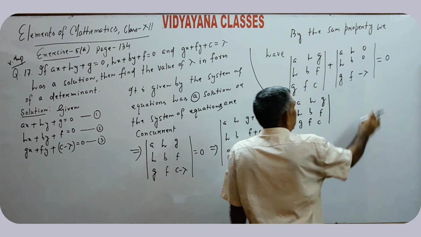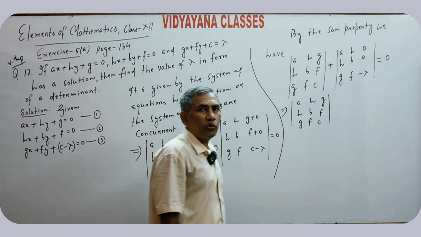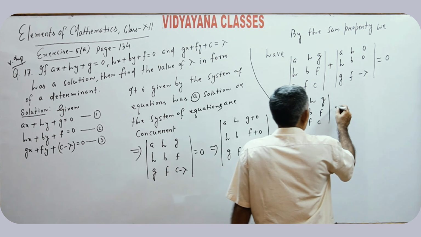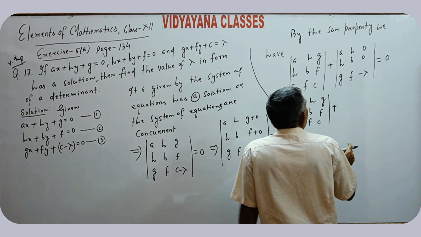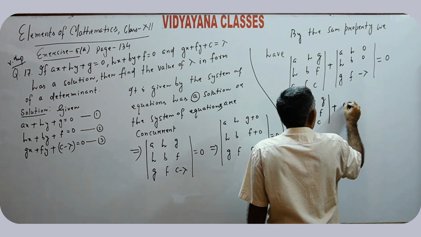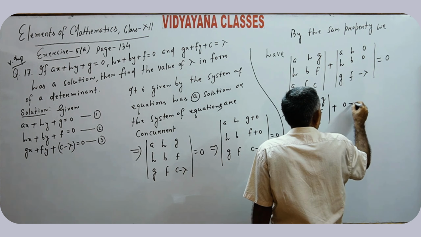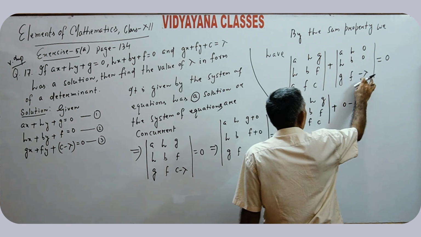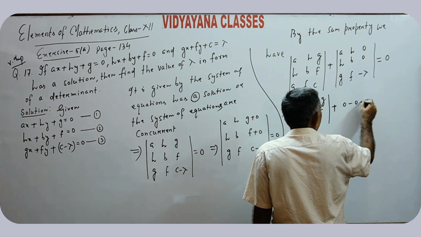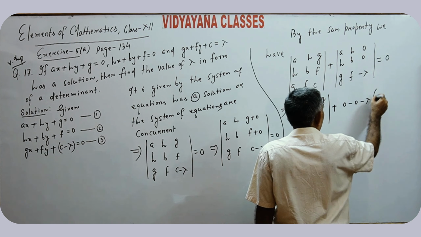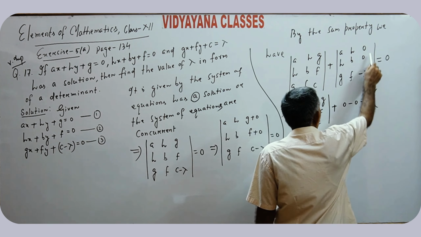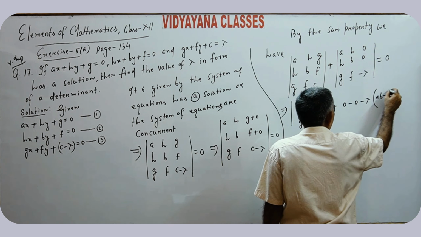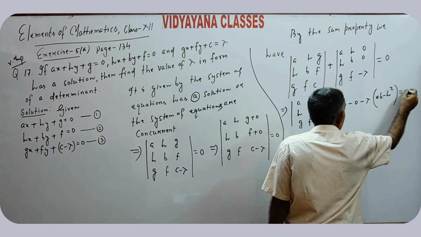Expanding this determinant along column 2, since column 2 contains maximum zeros, its sign is positive into minus lambda, that is minus lambda, into deleting this row and this row, that is AB minus A square is equal to 0.